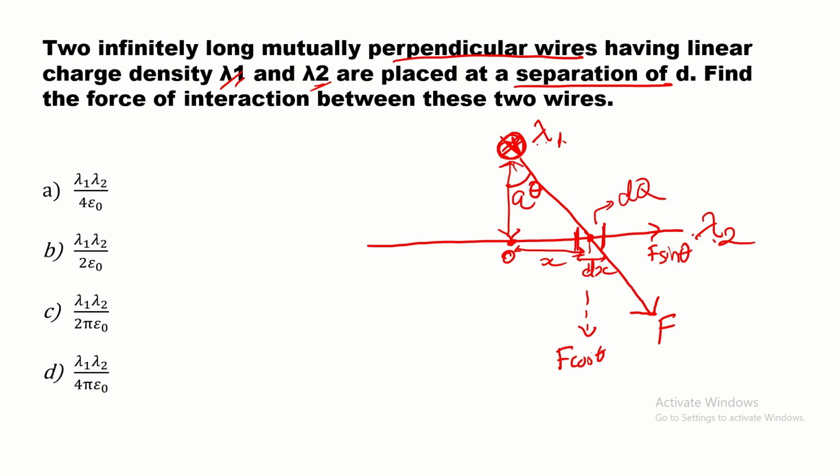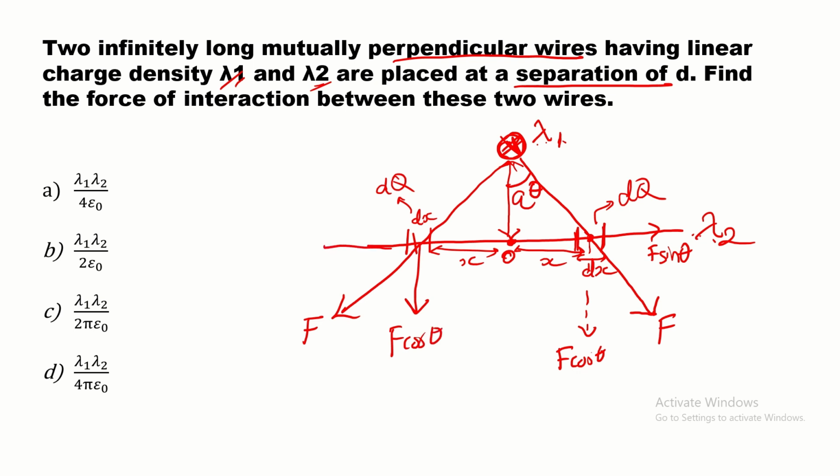Now, similarly, if we take another element at a distance of negative x on the x-axis, so basically x distance in the other direction, this would also be of length dx, and it would also be of charge dq because it has uniform charge density. So therefore, there will be another force. This would also be F because of symmetry. So this would be F cos theta and then F sin theta.